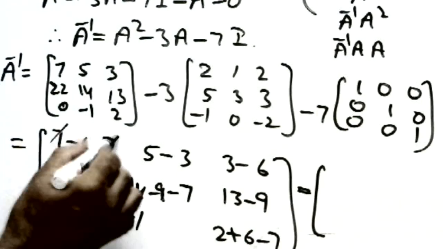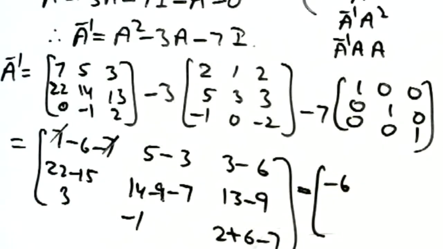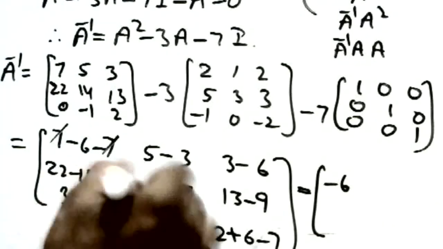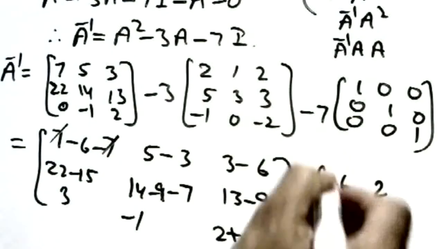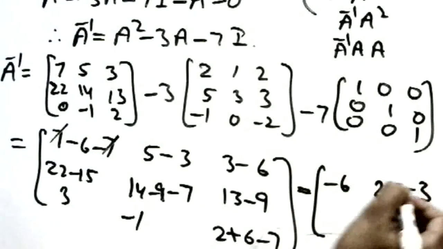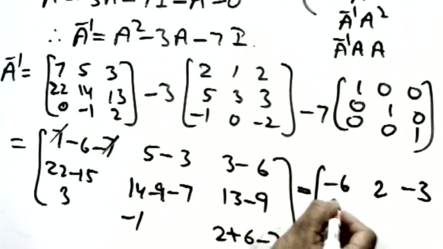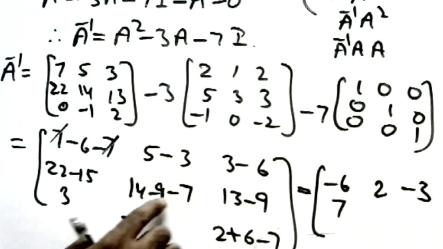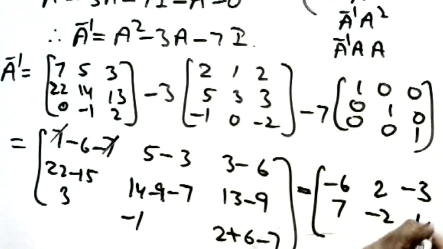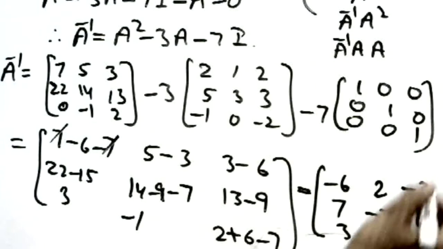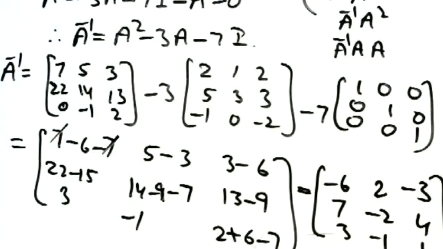So A inverse will be minus 7 plus 7 will get cancelled. We are left with minus 6. The next one is here 5 minus 3 is 2, and here is minus 3 and 7. 14 minus 7 is 7. 7 minus 9 is minus 2. 13 minus 9 is 4. 3 minus 1. 6 plus 2, 8 minus 7 is 1.